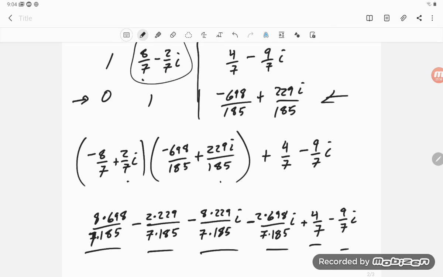I'm checking here and here. That looks right. A minus and a minus.